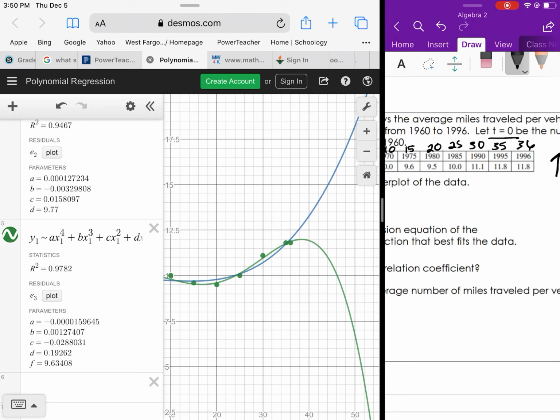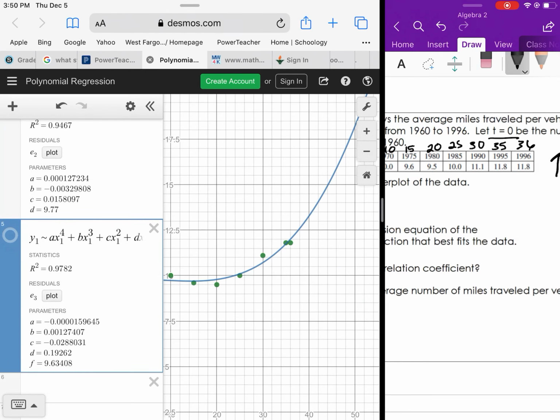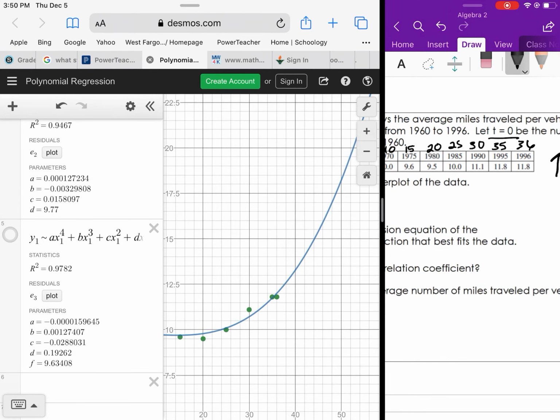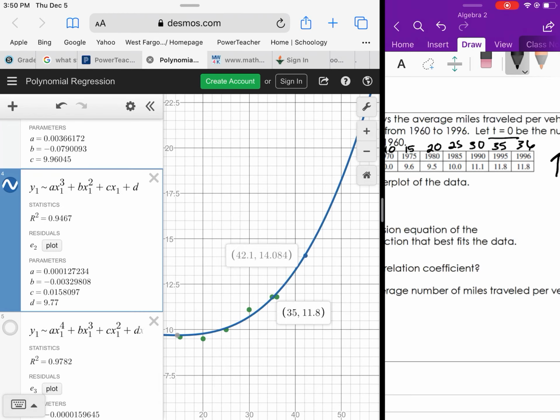So that's why x to the fourth, even though the r squared value is bigger, closer to 1, 0.97 instead of 0.94, I would say the quartic model does not fit my data as well as the cubic model does. Because here I'm saying that after 1996, people continue to drive their cars more, and it's getting exponentially bigger essentially.